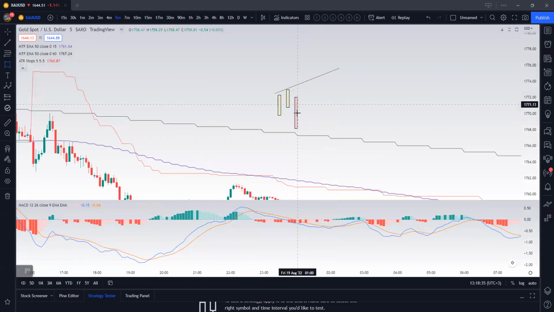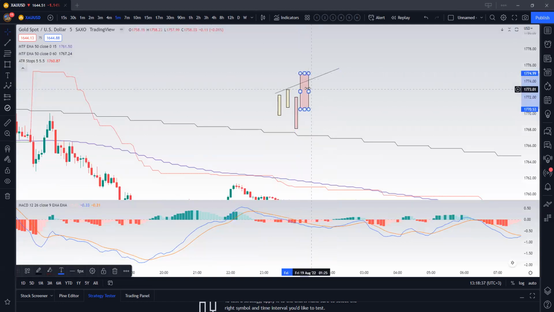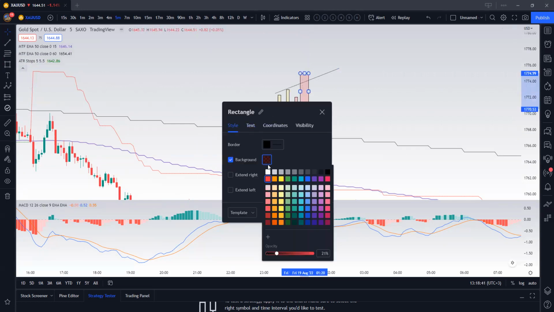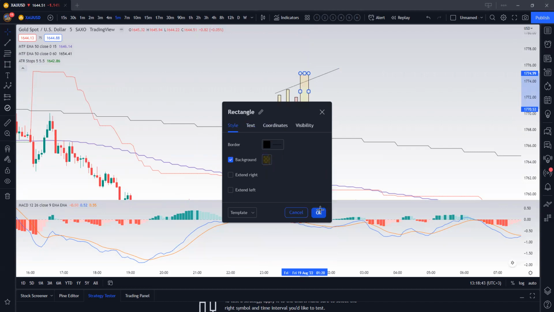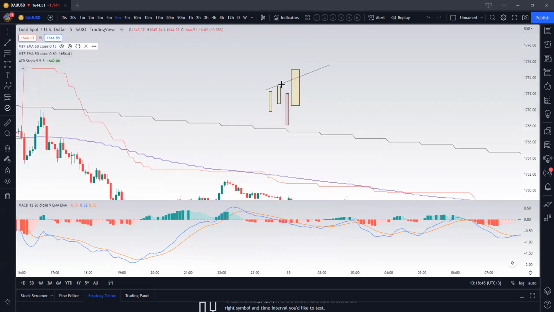Then we're going to have a higher high, and we need to know whether this higher high is creating a stronger push to the upside or whether it's weaker in the push. So how would we know that?